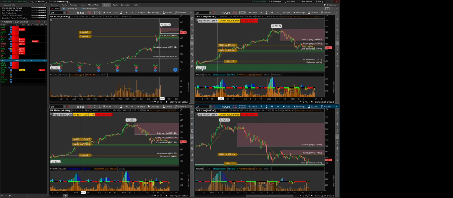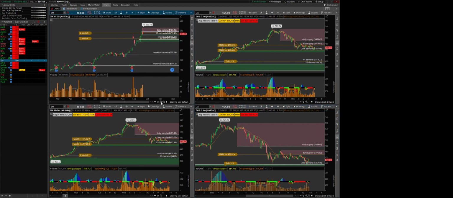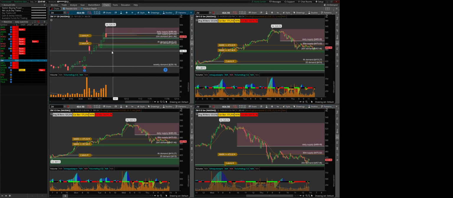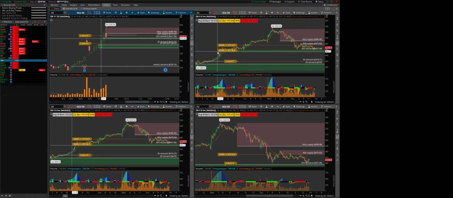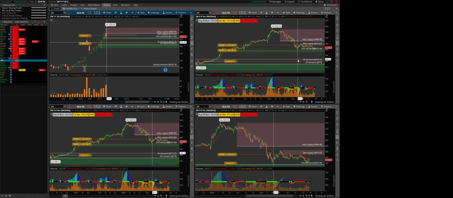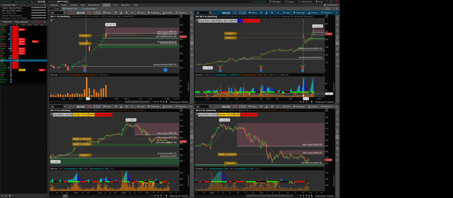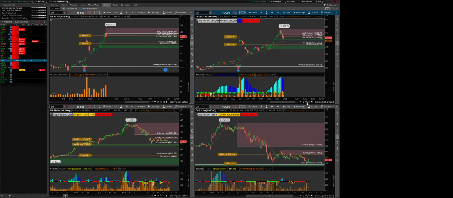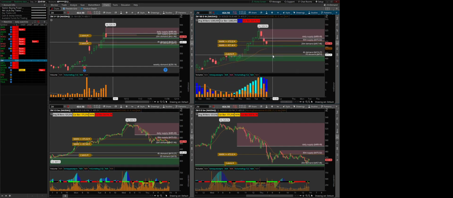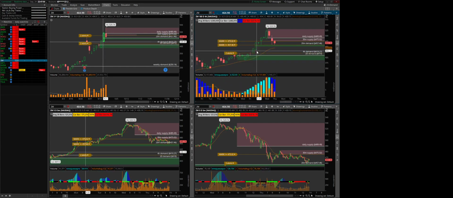But okay, let's get back to what I was talking about. So we got 2-day demand right here. Zoom in so that we can see the 2-day demand. All right, that's good. Now we have 4-hour demand. Zoom in so we can see it, which is here.